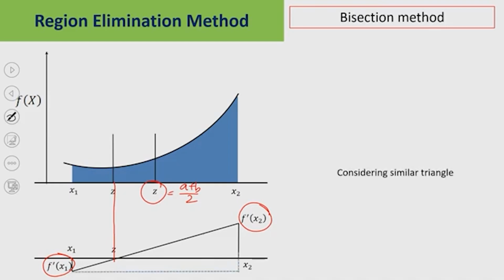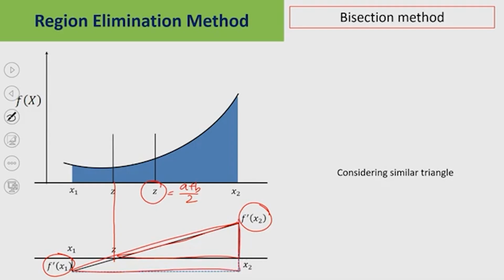Now, if I consider similar triangles, this is one triangle and another triangle is the larger triangle.